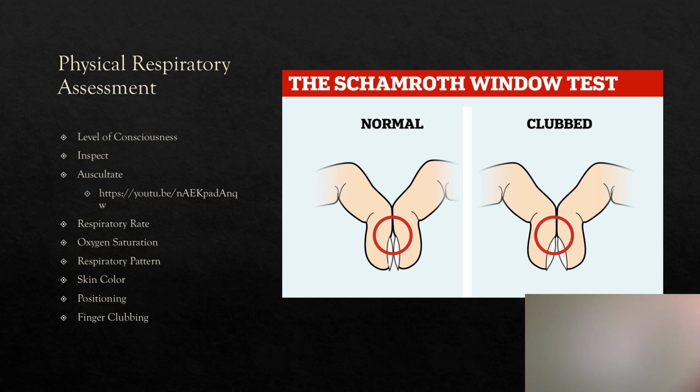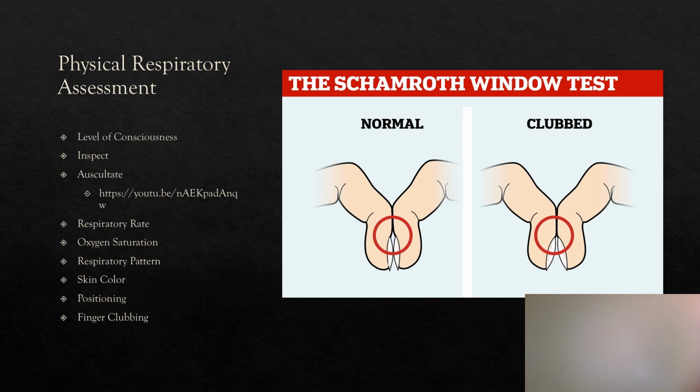We inspect the client's chest anteriorly, posteriorly, and from the lateral side. We're looking at the shape. We're also looking at symmetry. So is that shape the normal shape? Do they have that barrel chest? Do they have symmetrical chest wall movement on both sides? What is their respiratory rate and rhythm?